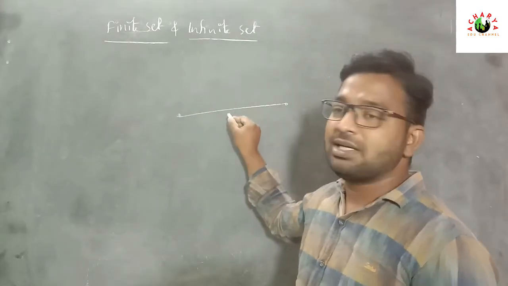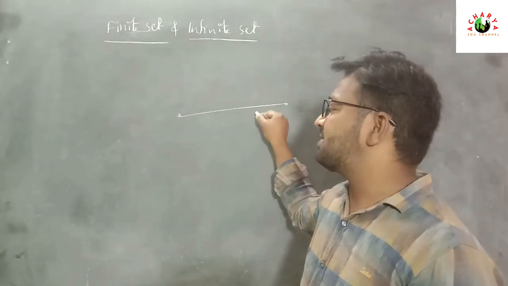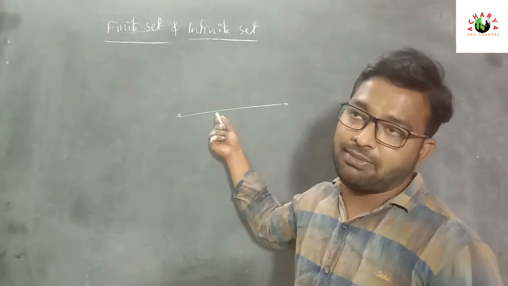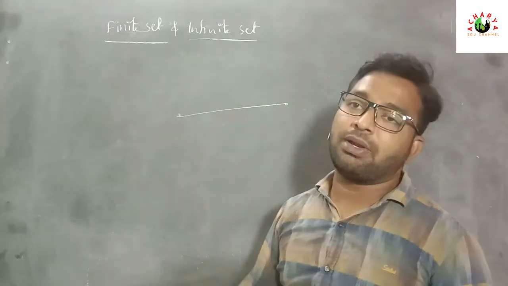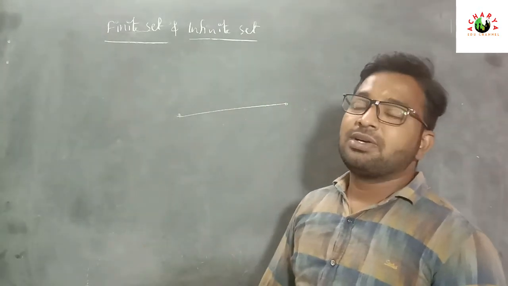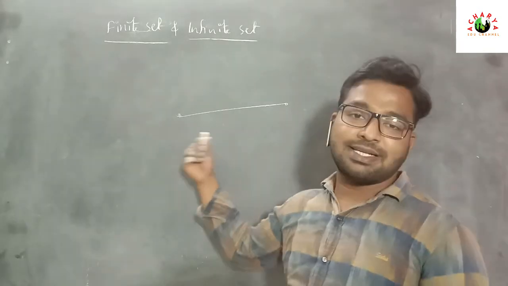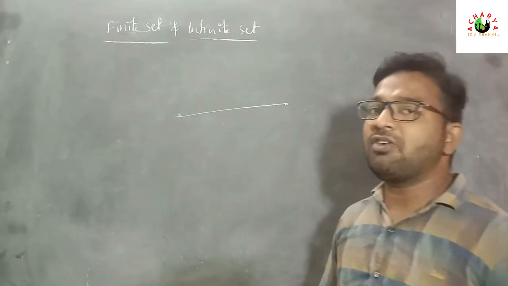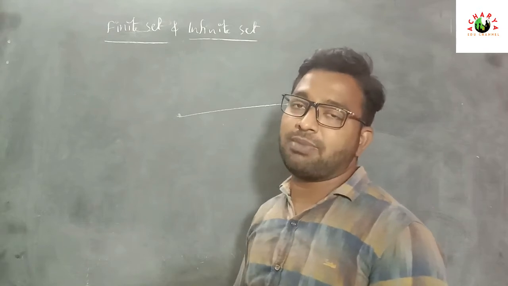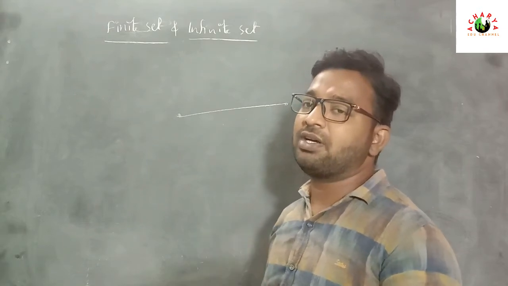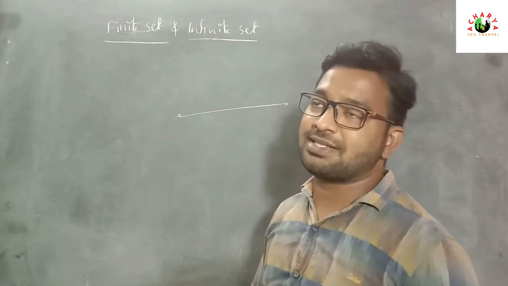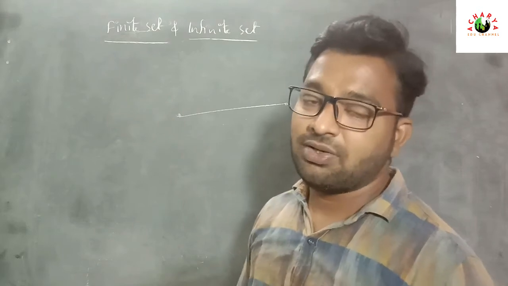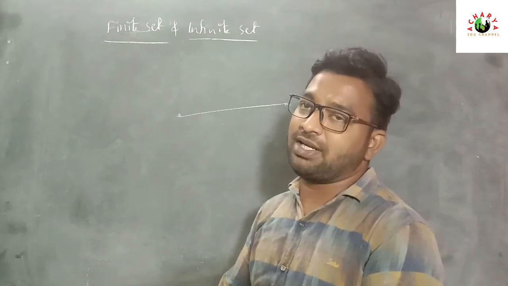So x such that x is a set of points on the plane means an infinite set. Finite set example: x such that x is the set of months in a year, or the set of fingers in our hand. Like that, they are all finite sets.